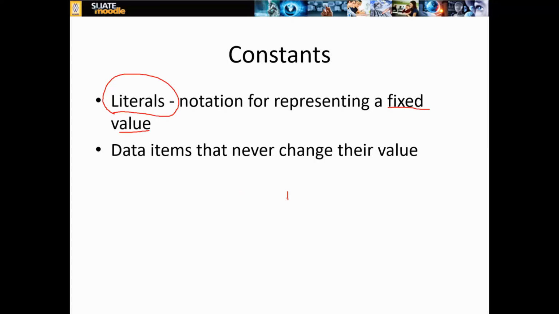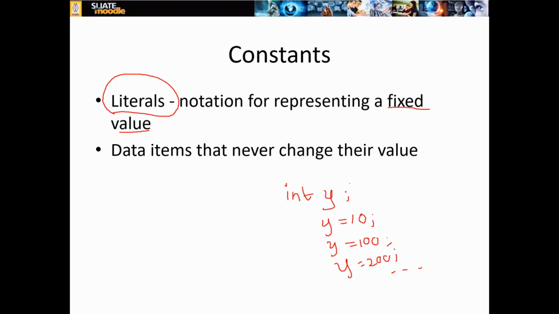For example, when we create a variable, let's say int y, after creating that variable, we can assign values like this, right? We can add value 10, and after that, again we can assign value 100, and again we can assign another value, and so on.